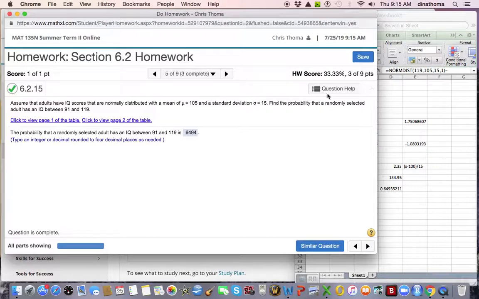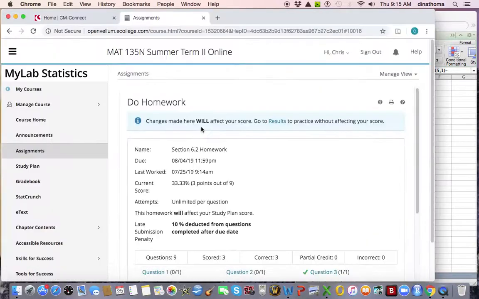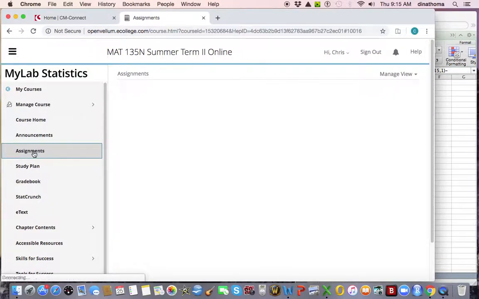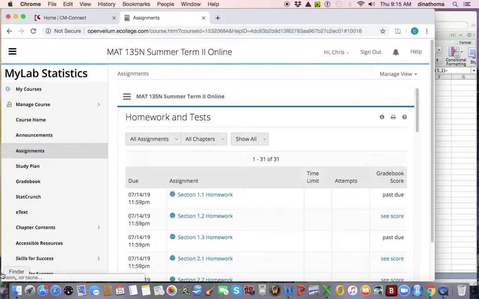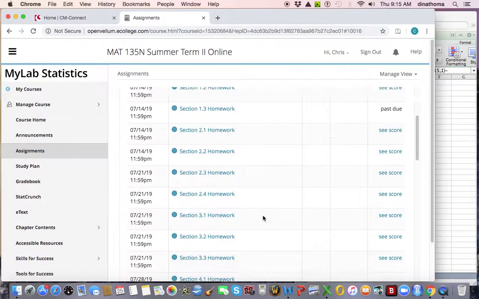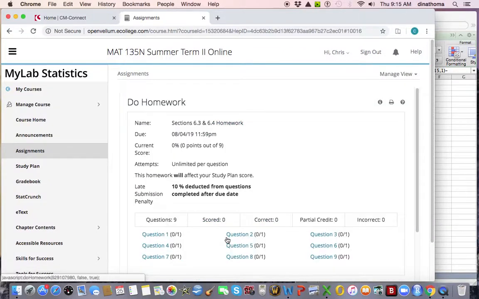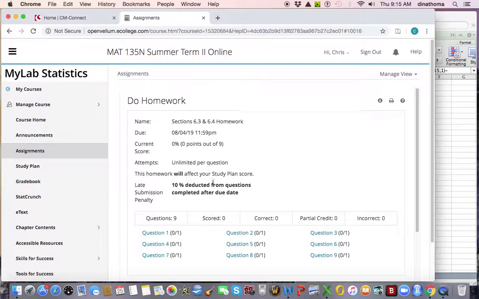So let's go into another homework assignment. Again, for that homework, if you want to use the tables, you have to calculate a z-score for every single problem. All right, 6.3, 6.4 homework. So 6.3 is a little bit about that simulation.